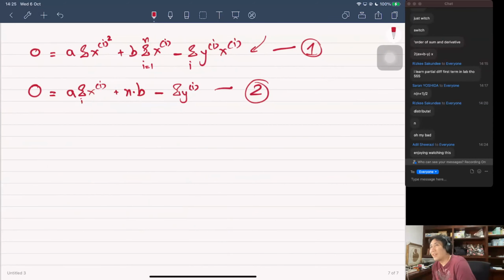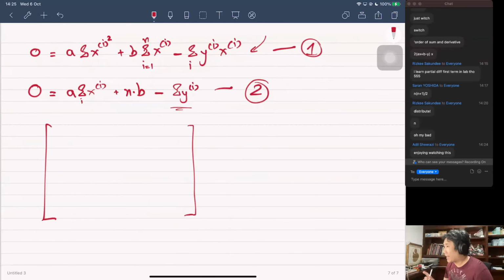Okay, so the first thing that we do, right? Remember when you see a sum of x and y, it is a number, nothing scary. So I claim that you can write this as a matrix and it looks like a very nice matrix as well.